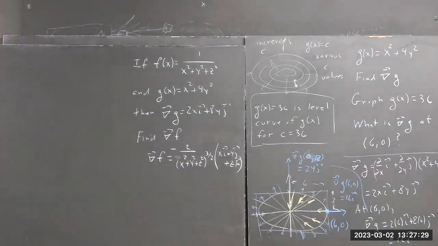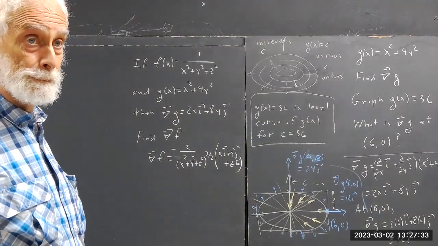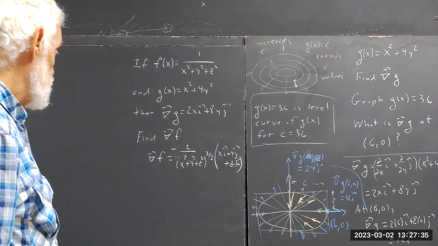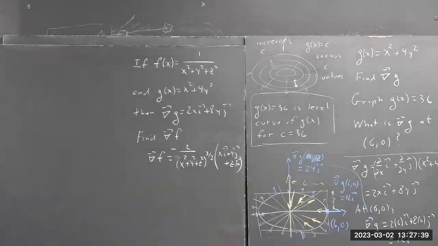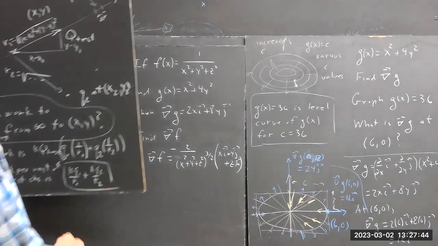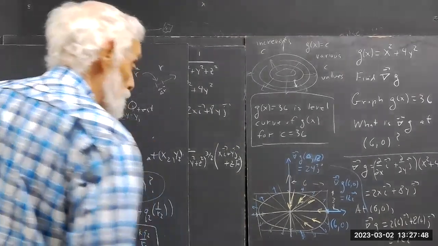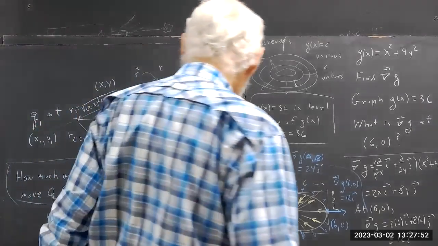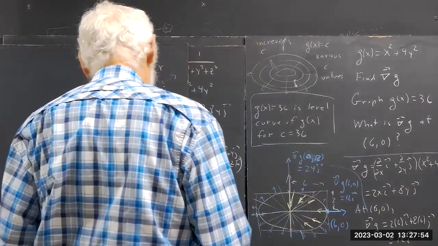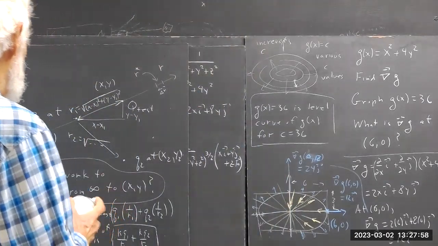This is the gradient of f. Use the chain rule. I'll scratch it down here real quick, but if you need to review taking your derivatives, please allow me to review it. You've got to take some big derivatives, of course.